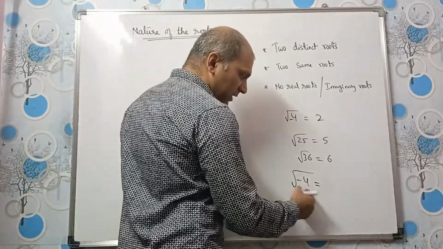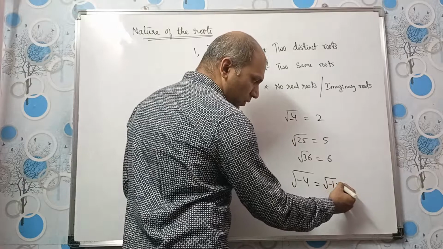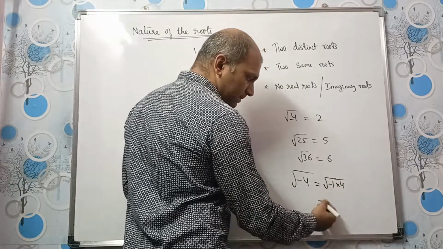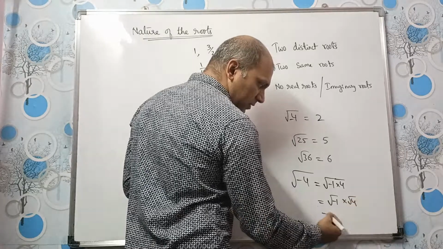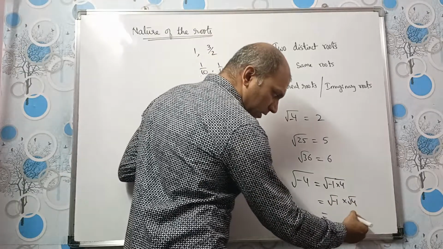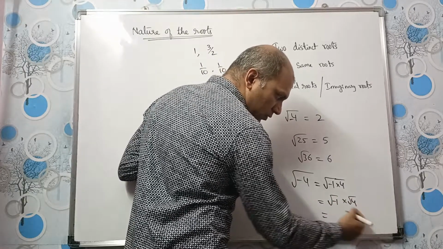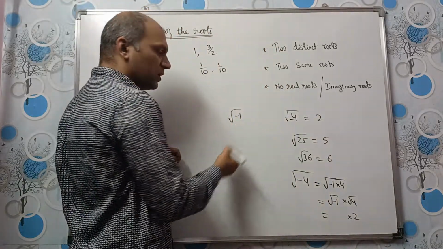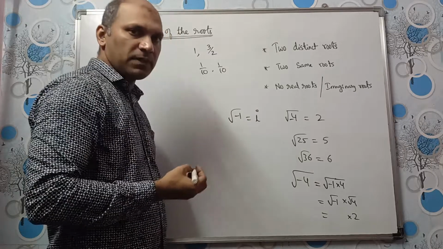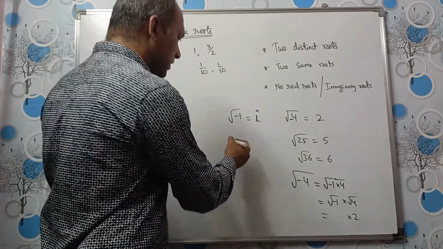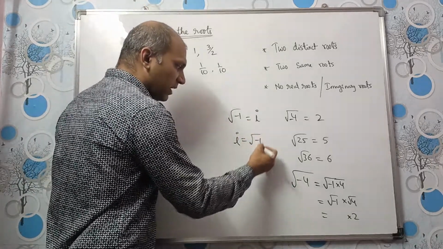Can we write it as root of minus 1 multiplied by 4? Yes. We know root 4 is 2, but what is root of minus 1? We cannot find it. Root of minus 1 is given as i. We take i, the imaginary number, as root of minus 1.